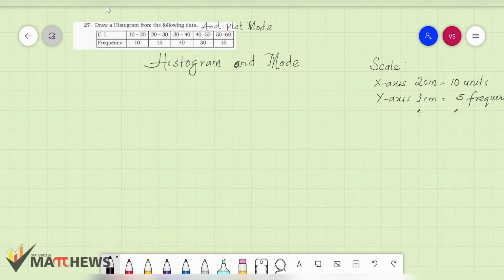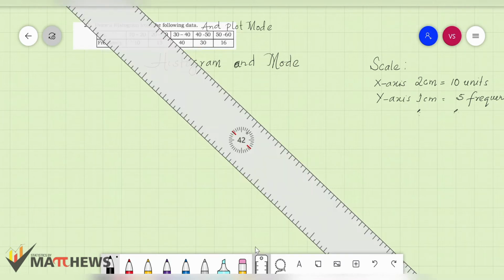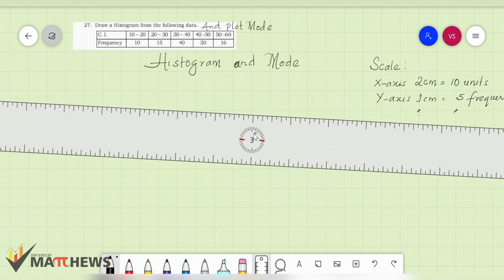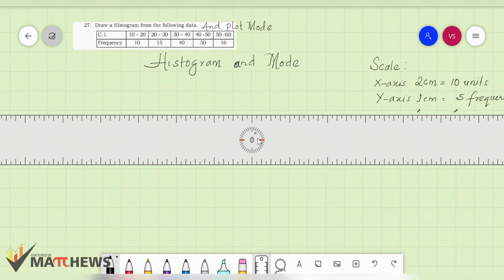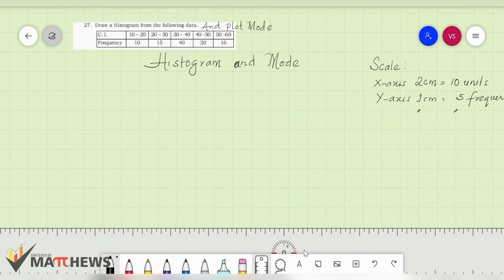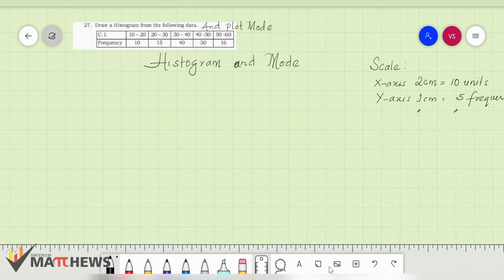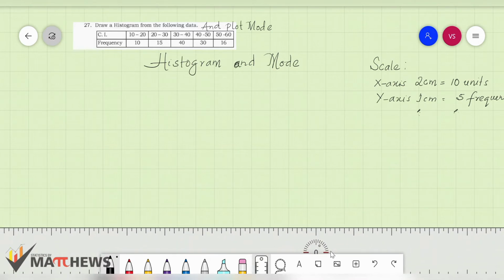So let's draw, students. Take a scale and then let's do the drawing. First, I will draw the x-axis, students. The x-axis will be here, or I'll just take it a little up.